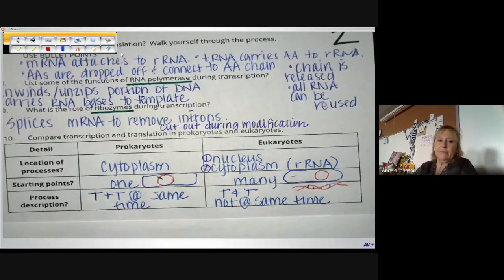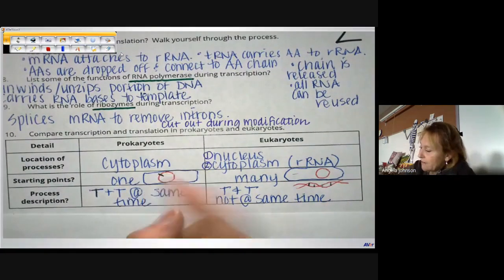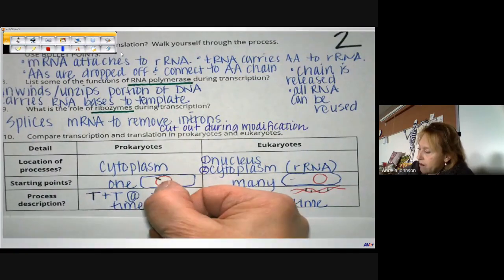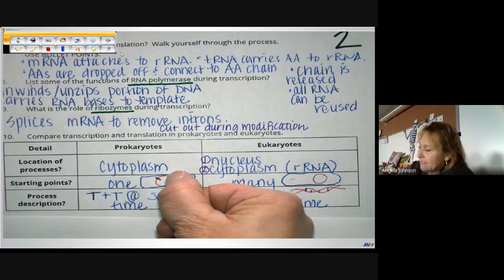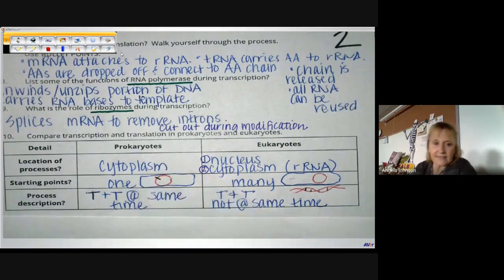So transcribing the DNA into RNA into protein happens continuously. It all happens at the same time. Ours is in two phases, where transcription happens first in the nucleus and then translation happens in the cytoplasm. So for us, there's two steps.